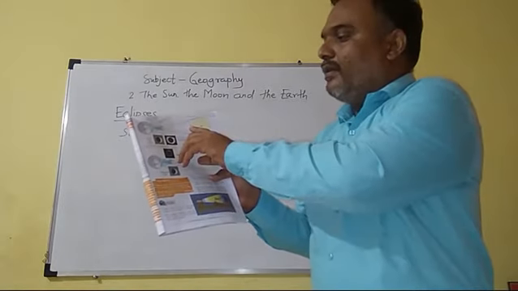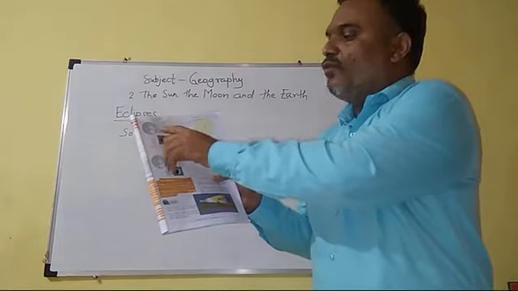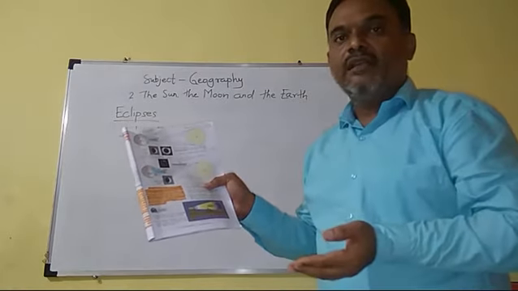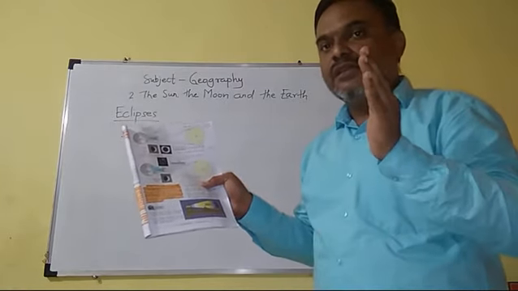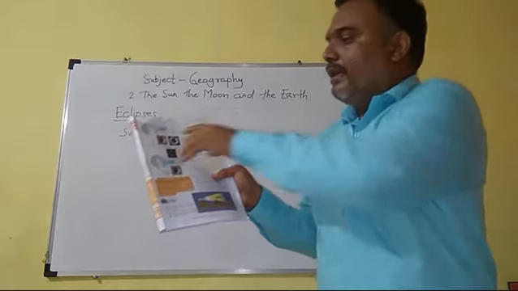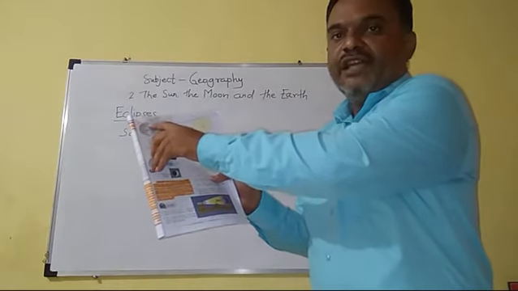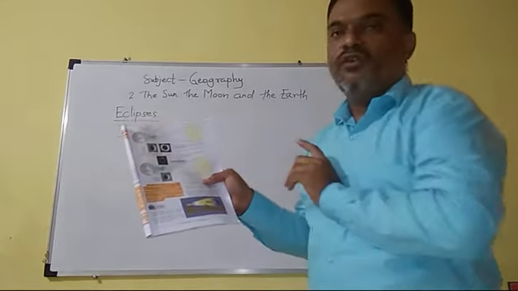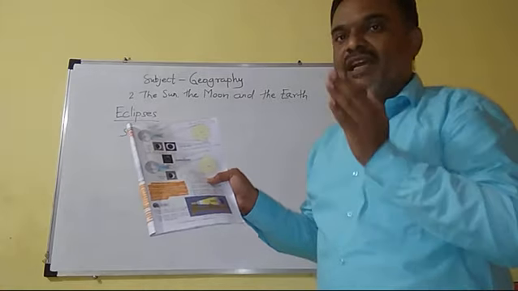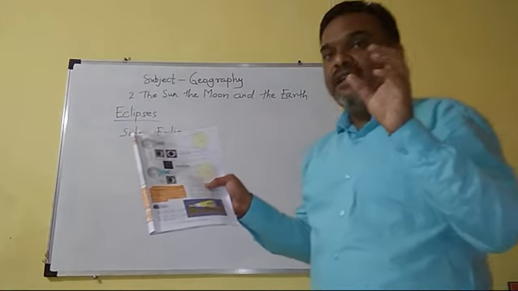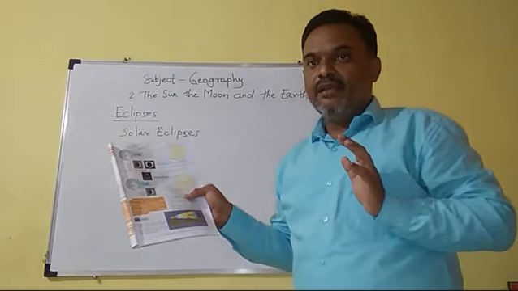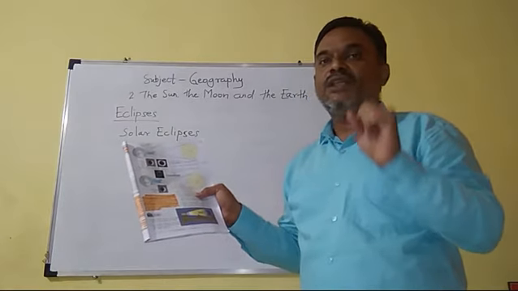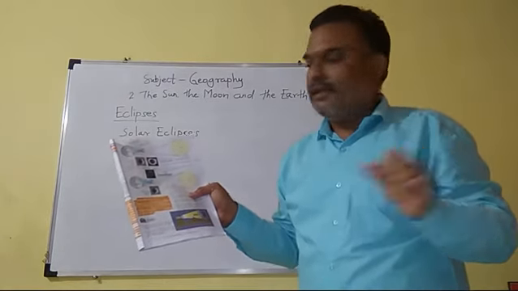On such occasions, when the moon's shadow falls on the earth, solar eclipse occurs. In the region of the earth where the dark shadow of the moon falls, the sun becomes completely invisible, and this condition is known as total solar eclipse.